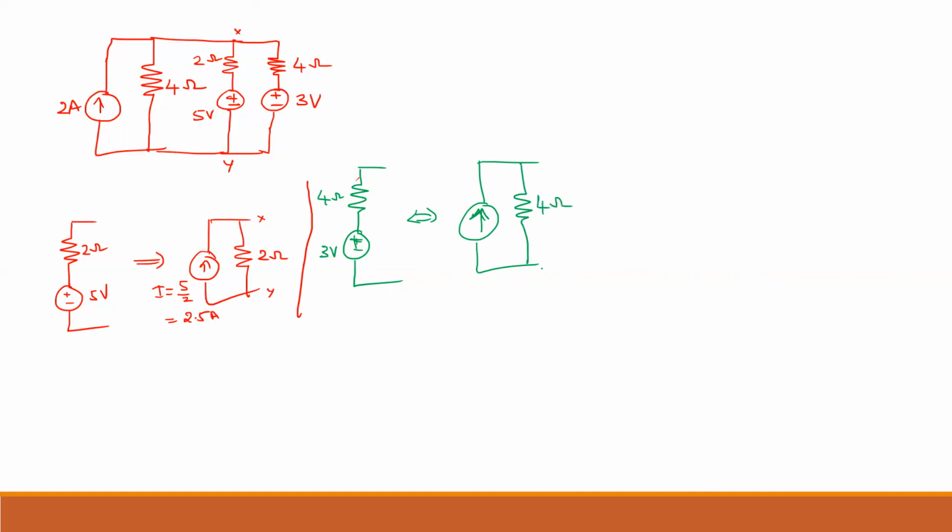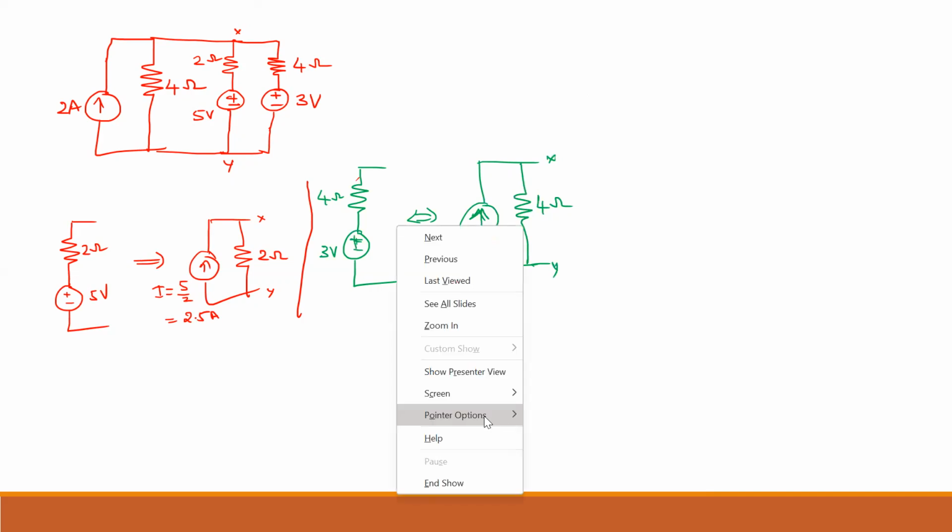So now here it will become 4 ohms and the voltage 3 volt, and with 4 ohm, the current will become 3 by 4. It will become 0.75 ampere between X and Y. So if I draw these two conversions in one circuit, I'll get like this.